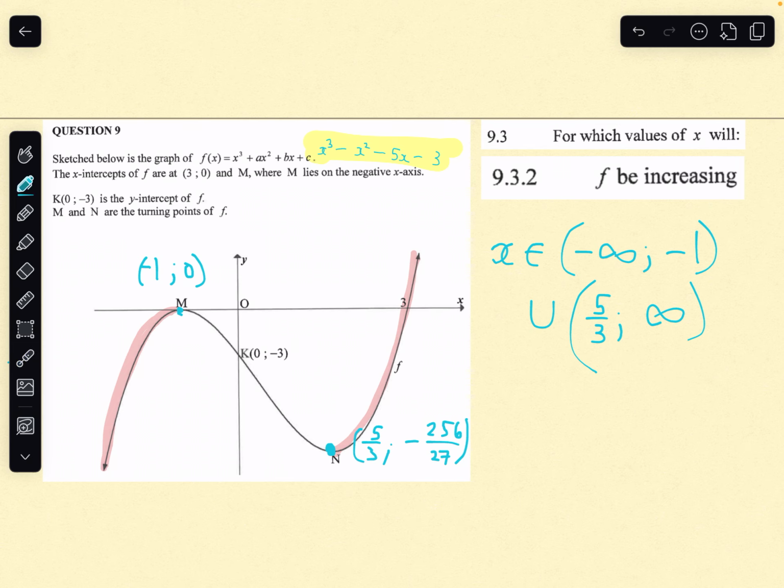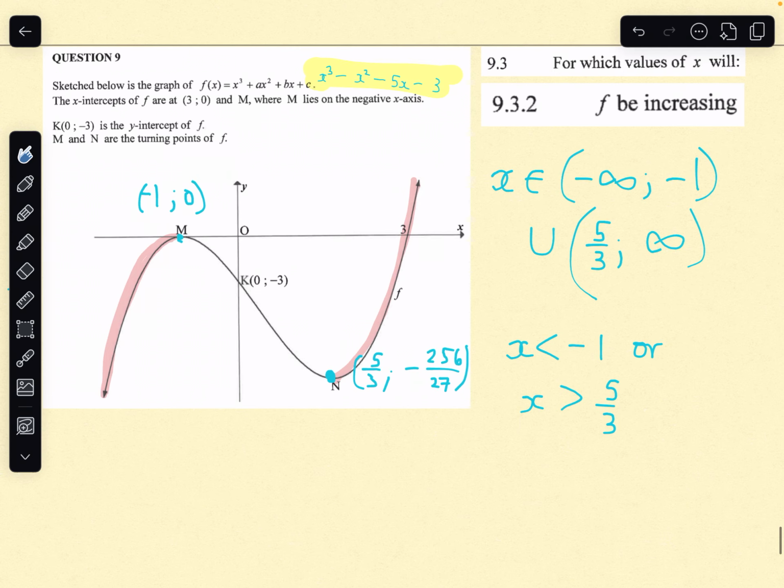Anyway, so that's how you could write it. In inequality notation, you would say that x must be smaller than -1 or x must be greater than 5/3. Those are the x's that create these portions of the graph where the curve is increasing, where the function is increasing. Okay, next one.